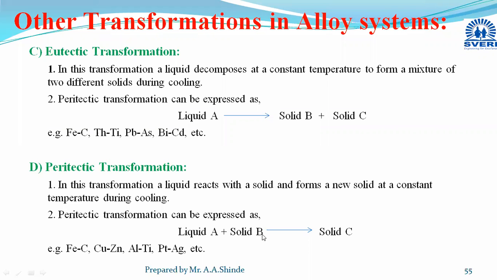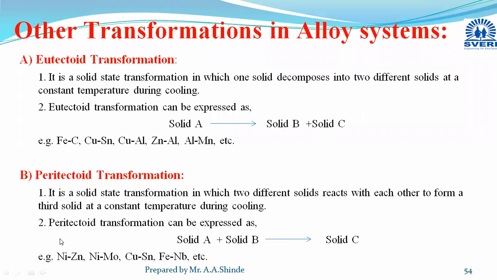Liquid A combines with solid B, and it gives new solid C. This peritectic transformation can be seen in Fe-C, iron carbon alloy, then copper zinc, aluminum titanium, platinum silver. These are the examples of peritectic transformation.